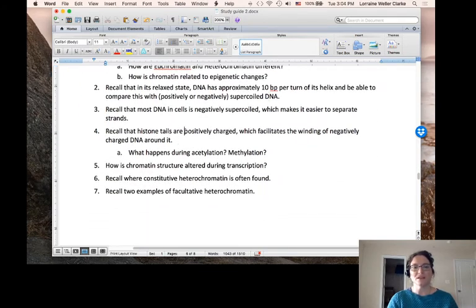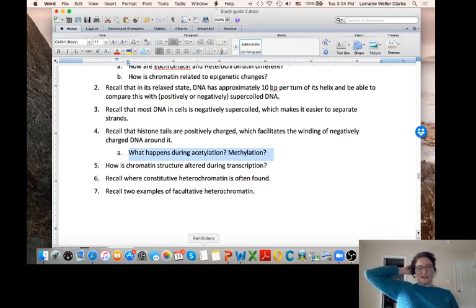Histone tails are positively charged. Now, the deal here is that I wanted to make this a little bit clearer, is acetylation in general. Now, I know there's a lot of variation depending on where this is all happening, but overall, acetylation means that it has neutralized the positive. Remember that DNA is negatively charged. Histone tails are positively charged.